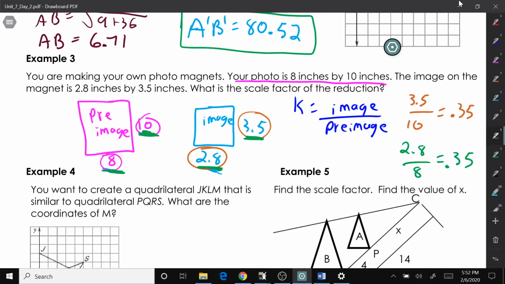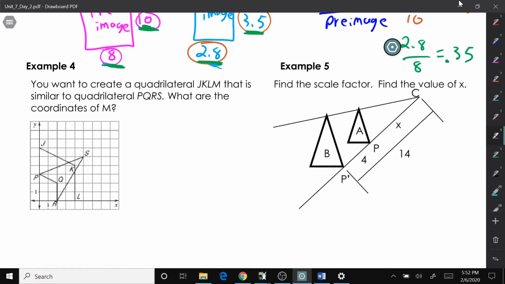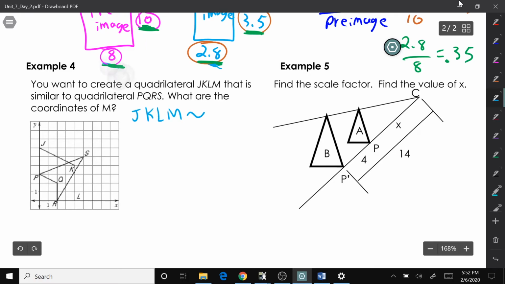All right, so example 4, you want to create a quadrilateral JKLM that is similar to quadrilateral PQRS. What are the coordinates of M? What this means is JKLM is similar, this is the symbol for similar, to PQRS.